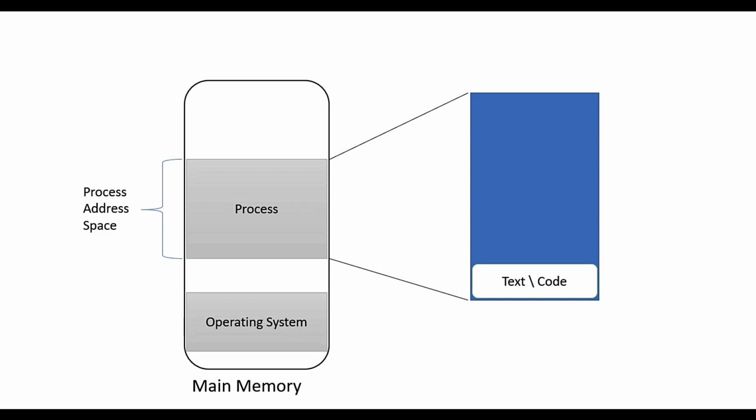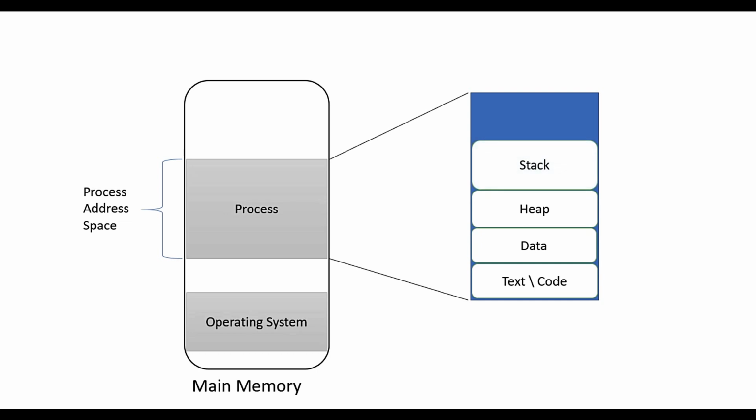So there are a few segments, like there is code segment, also termed as text segment. There is a data segment, heap segment, stack segment, and a section in the process that is responsible to store environment variables and command line arguments. So moving ahead, we'll understand how these segments help for the program execution.